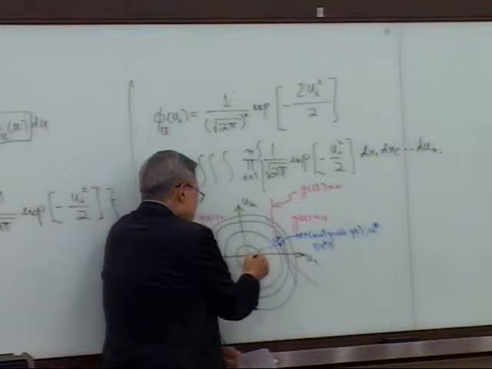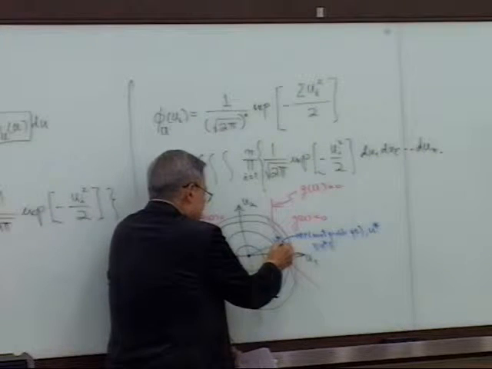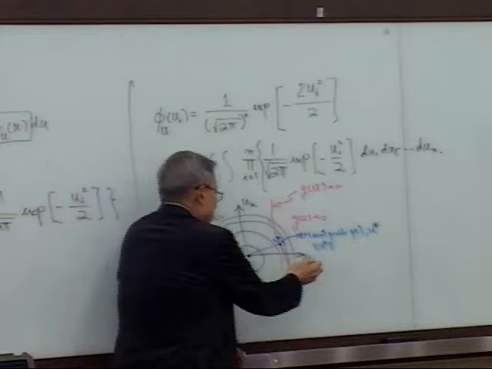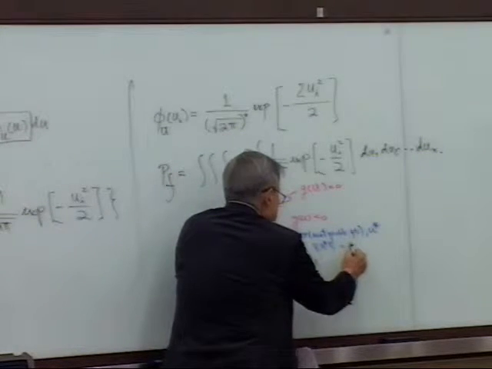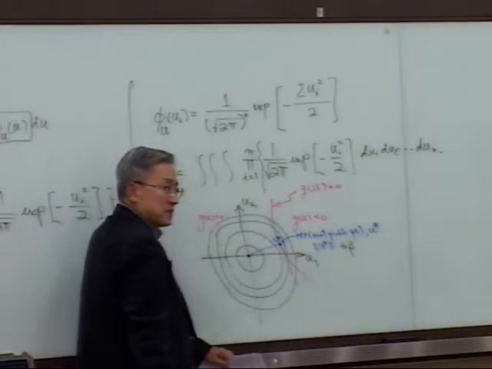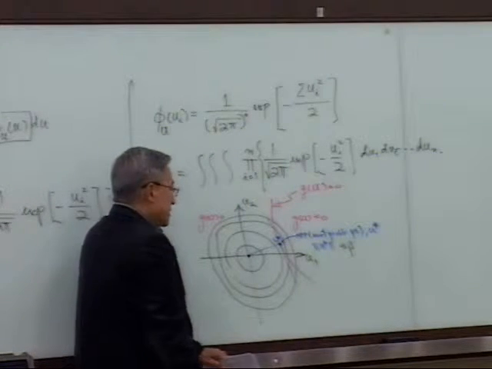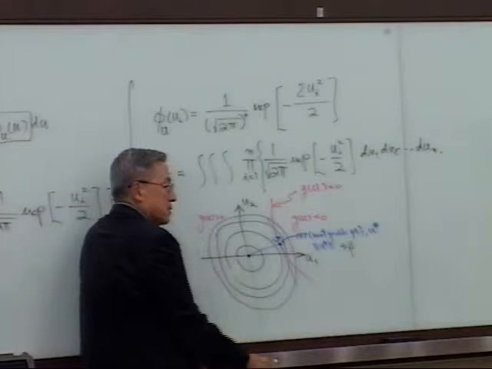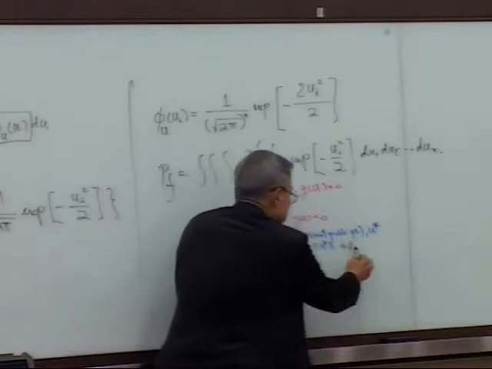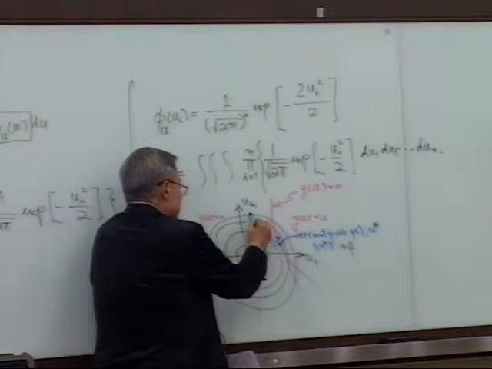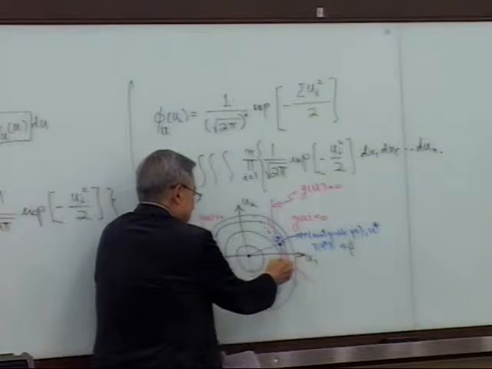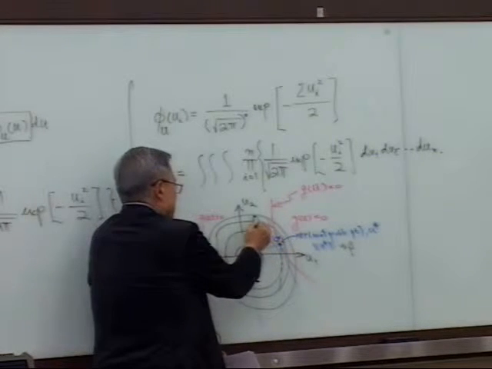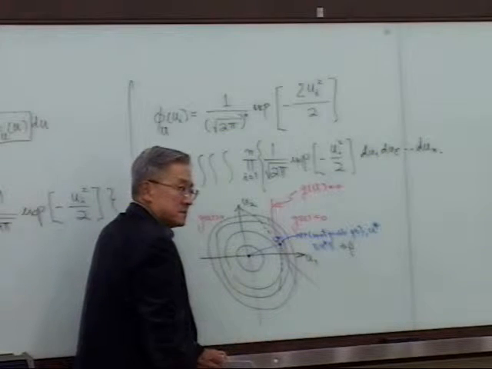Tangent means when I pick this as the center of the circle with the distance of U star, the distance of U star is also defined as beta, which is called the reliability index. I can draw the circle here, centered here.